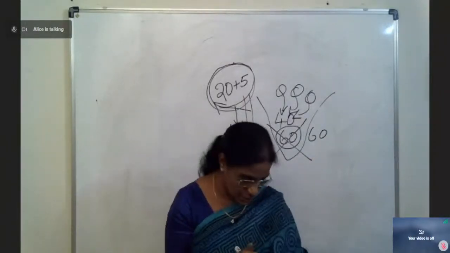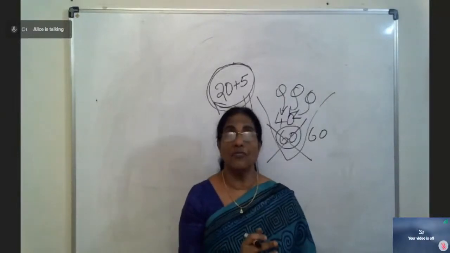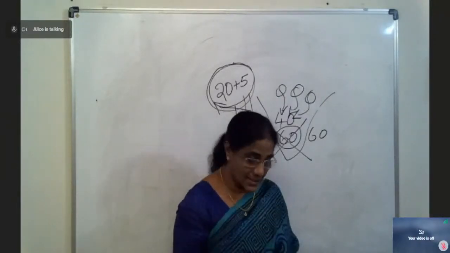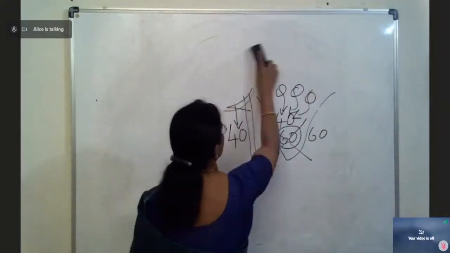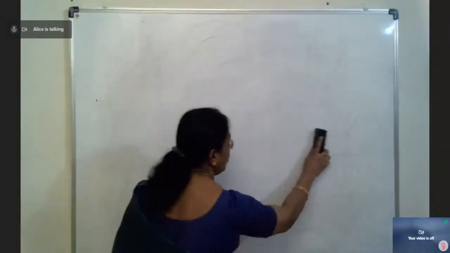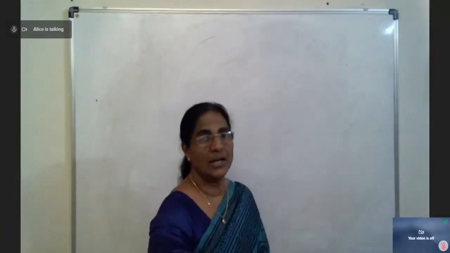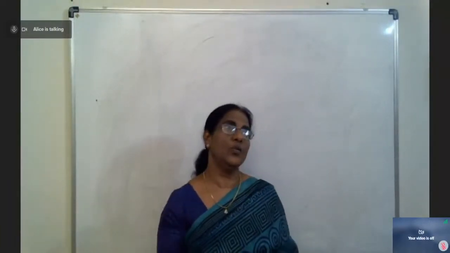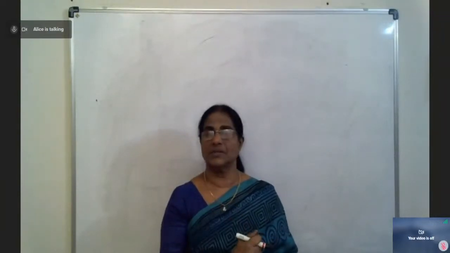So if the price is distorted like that, we go for an action known as anti-dumping duty. Before we go to anti-dumping, I think we have done international price discrimination.